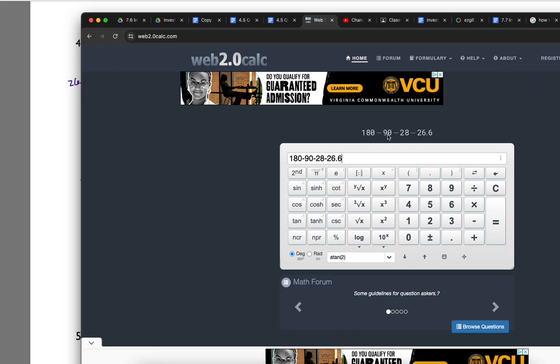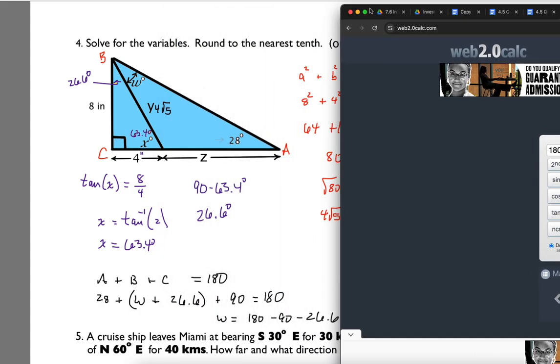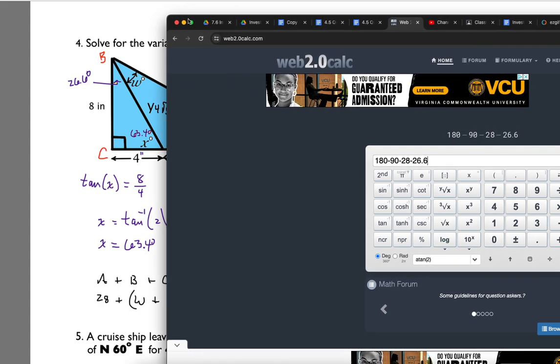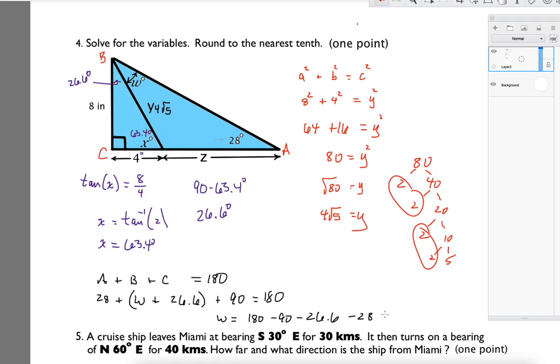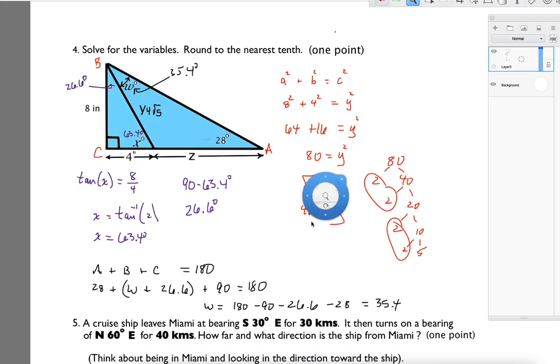So I've got 180, and I'm subtracting these three other numbers, right? 90, 26.6, and 28, and equals 35.4. So 35.4 is W right there. Okay, excellent. I like that problem.